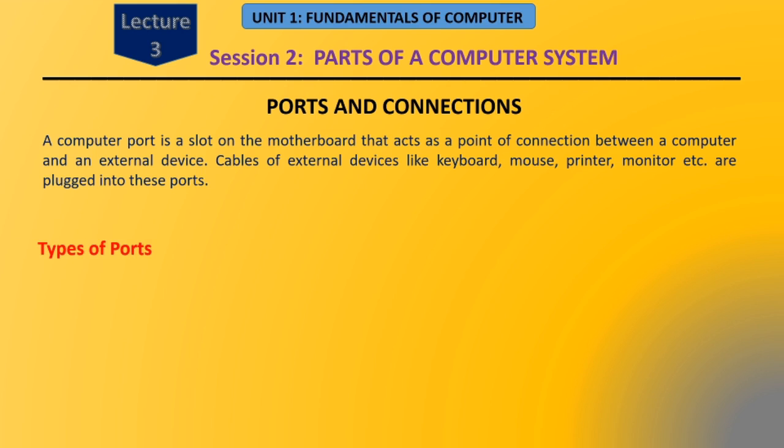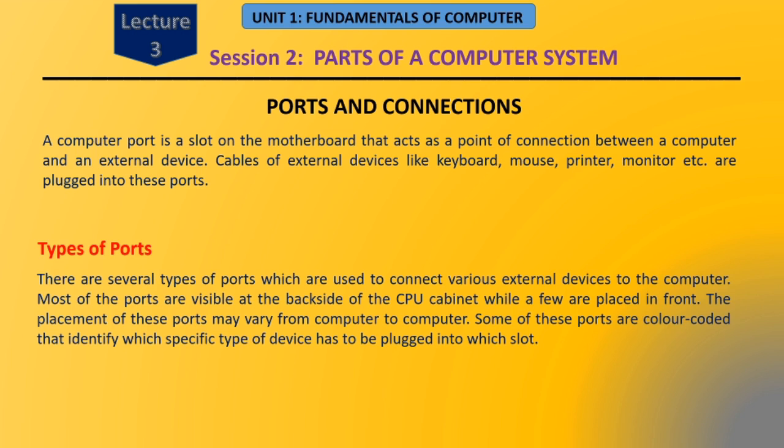Next, types of ports. There are several types of ports which are used to connect various external devices to the computer. Most of the ports are visible at the back side of the CPU cabinet, while a few are placed in front. The placement of these ports may vary from computer to computer.